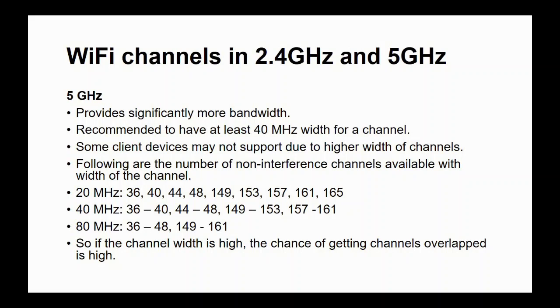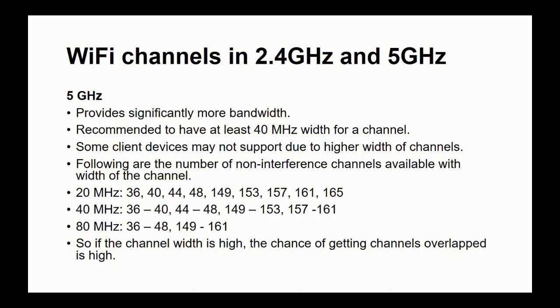We can see the non-interference channels available with the width of the channel. If the channel width is 20 megahertz, we can see a certain amount of non-interference channels. If the channel bandwidth is 40 megahertz, the number of non-interference channels gets lower.